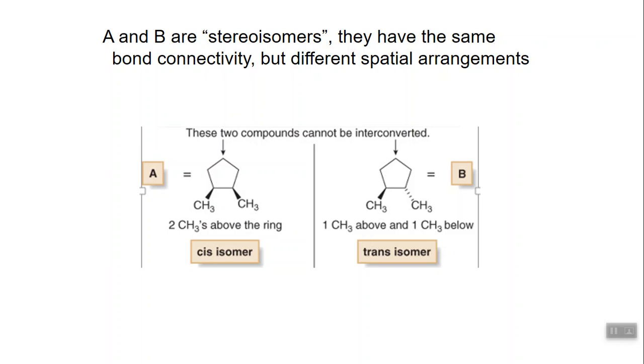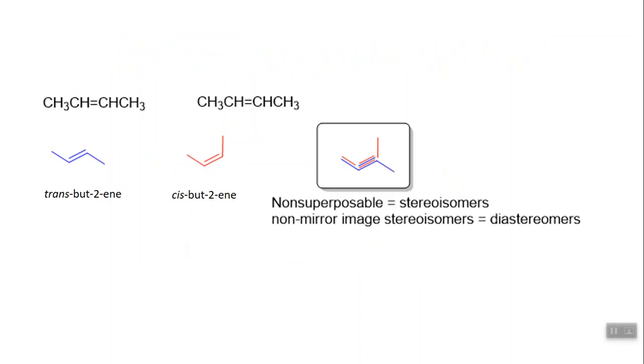They have different properties. So we put a cis in front of the name for the one on the left, and trans in front of the name for the one on the right, to distinguish between those two different molecules. You can also have cis-trans stereoisomers for alkenes.